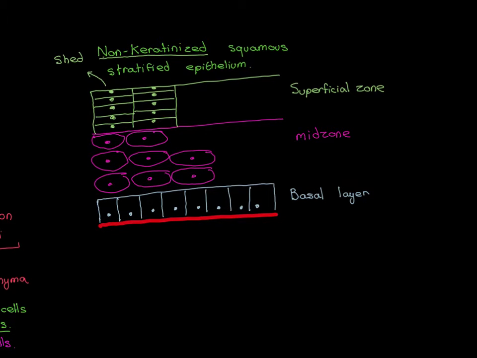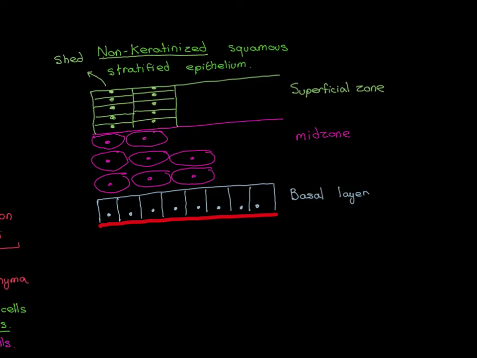The example that I have drawn here is non-keratinized because the cells still have their nuclei in the outermost layer. In a keratinized example, and the major example of a keratinized squamous stratified epithelium is the epidermis of the skin, what happens is as the cells undergo the differentiation process here, they become absolutely overloaded with this protein keratin.